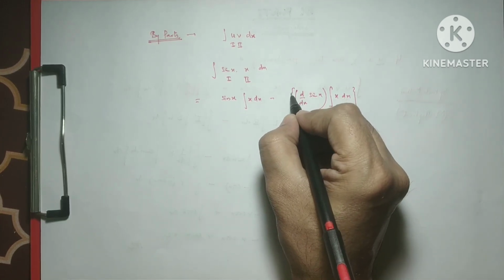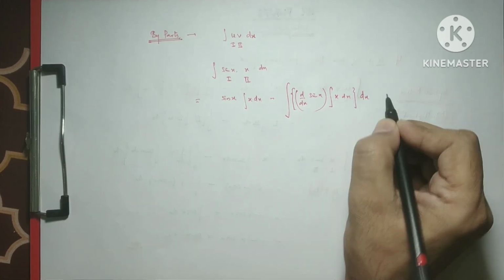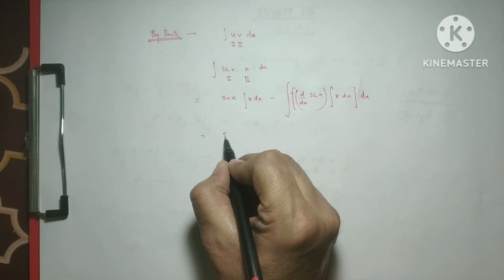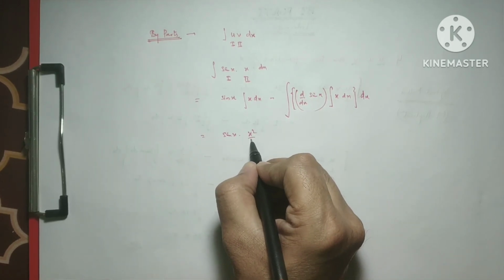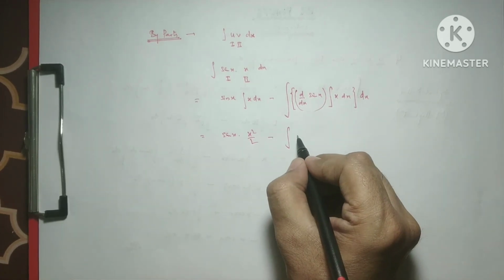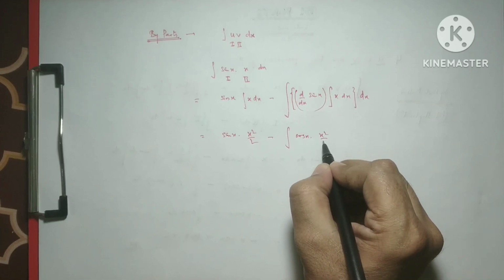The resultant of this product, again we do the integration. So it becomes sin x and this is x square by 2, minus the differentiation of sin x, which is cos x, and this is x square by 2.